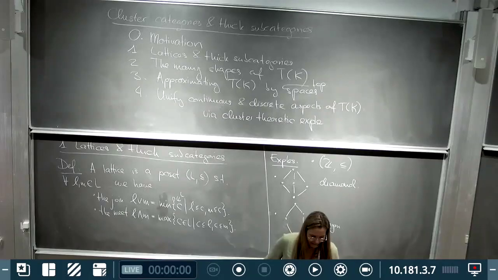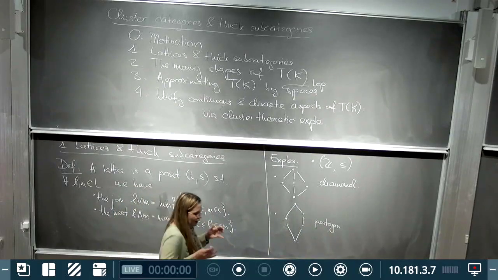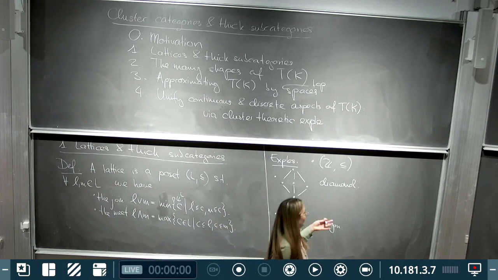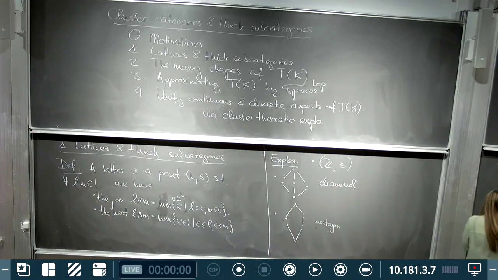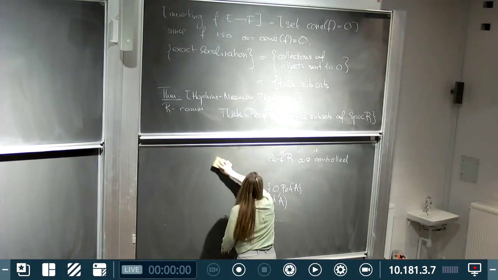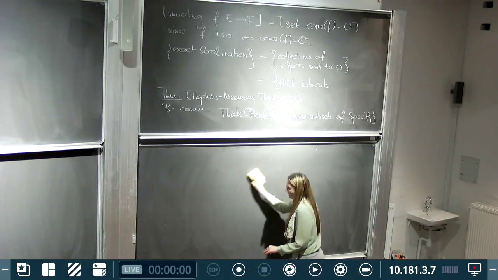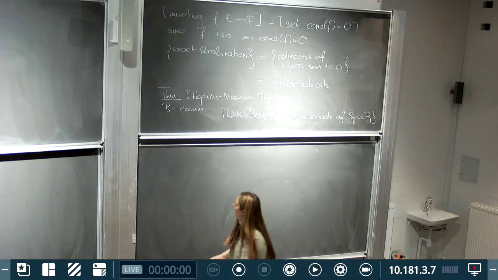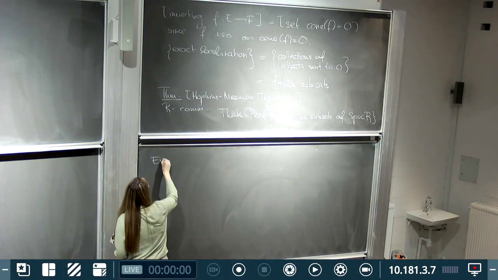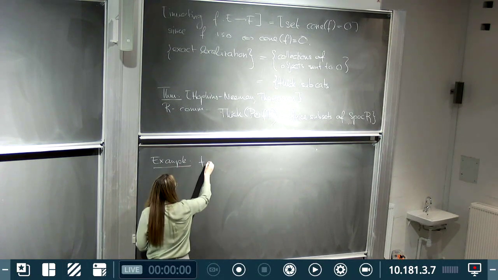Now, these are very easy to draw ones. So let's look at some more significant examples that show up naturally in different worlds. Perhaps one of the very important ones for us are lattices from topological spaces. Example: topology.